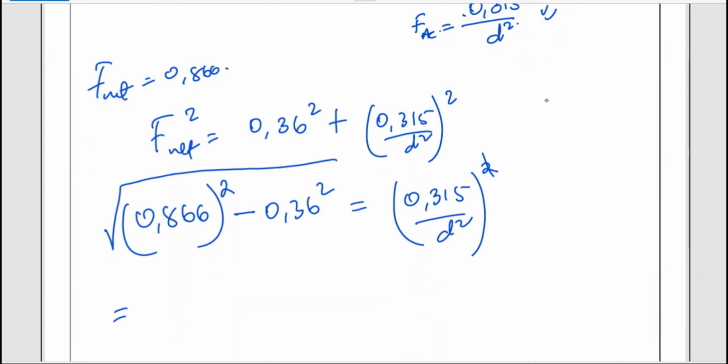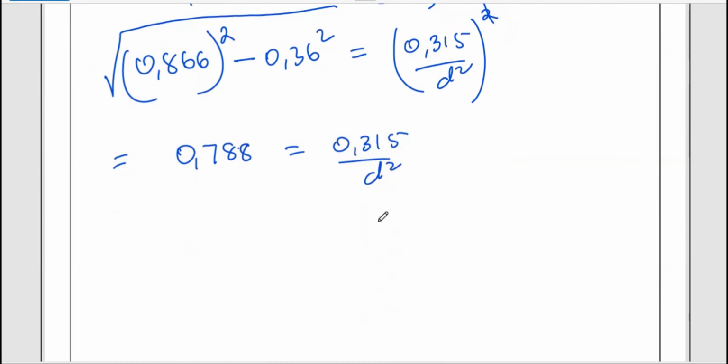It's going to be 0.866 squared, subtracting 0.36 squared. I'm ending up with 0.788, which is equivalent to 0.315 over d squared. So let me transpose and switch, meaning that our d squared is going to be 0.315 over 0.788.